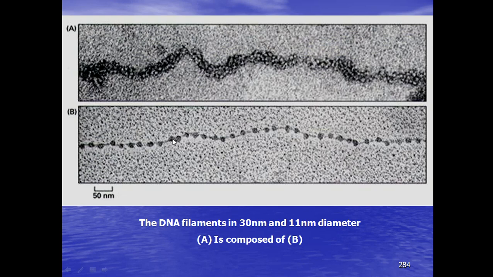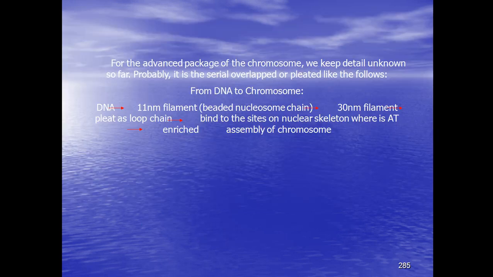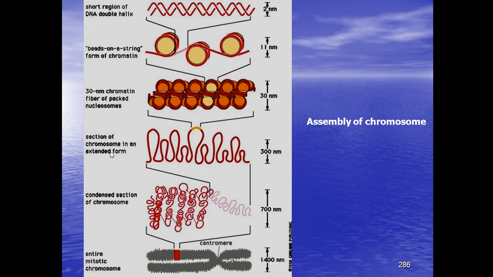How it appears under the electron microscope. So what has actually been done in the chromosome? The DNA is packed. It is folded; this is the short region of DNA wound with the beads.